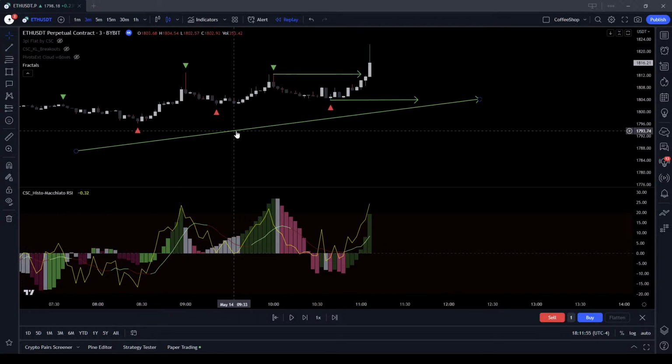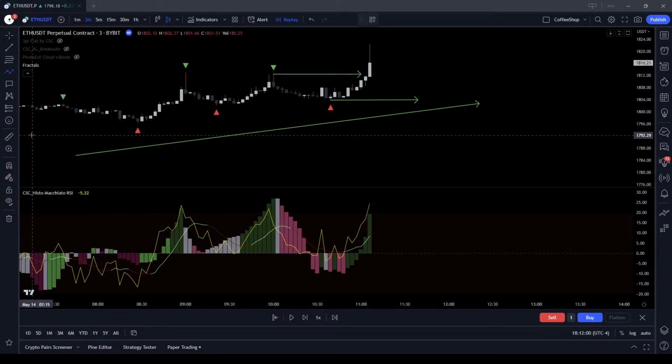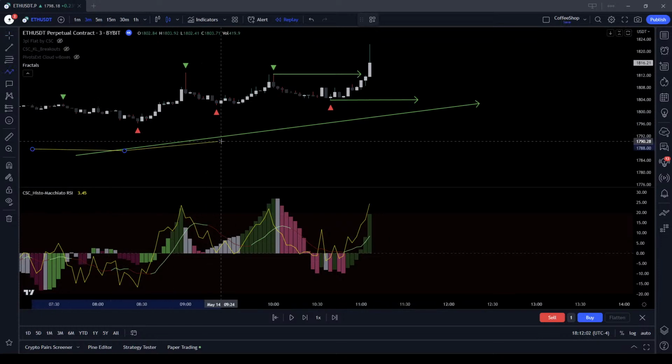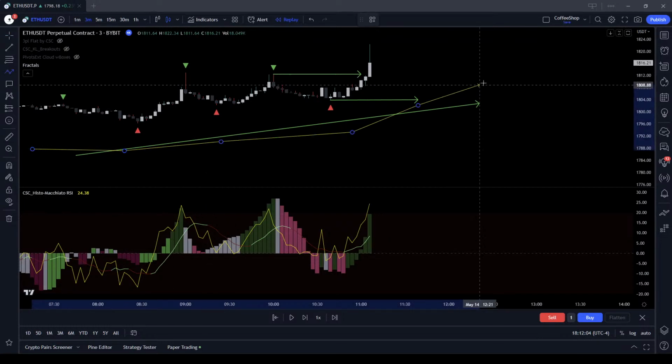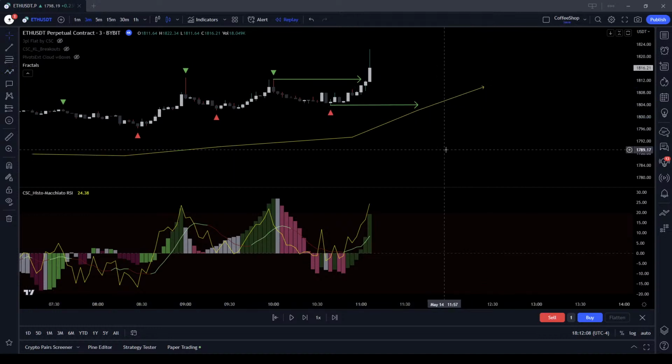If my price is above my 200 period moving average, then the only thing I care about is my green fractals, the high ones. That's all I care about.